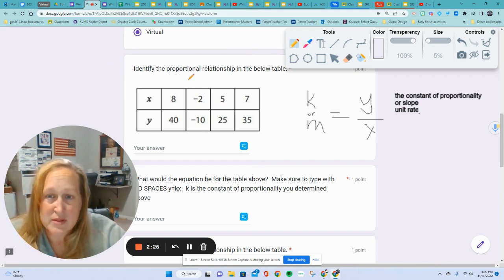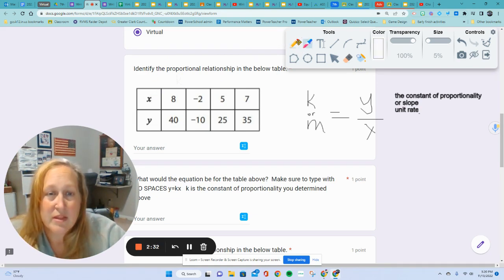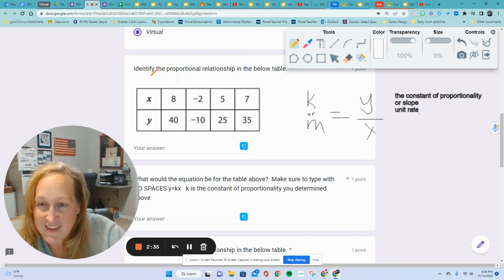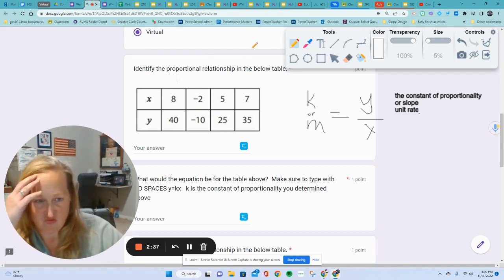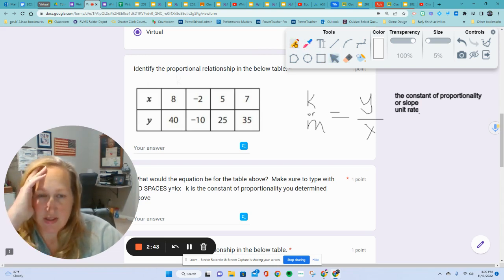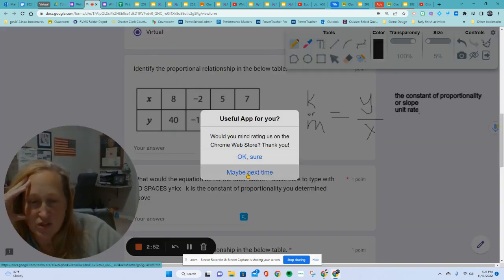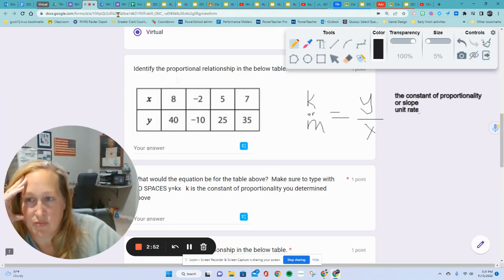Okay, it picked up the color. There we go. At one point I had a different app that would let me. Okay, now I have the right color. So this has changed it. We're going to solve this one.